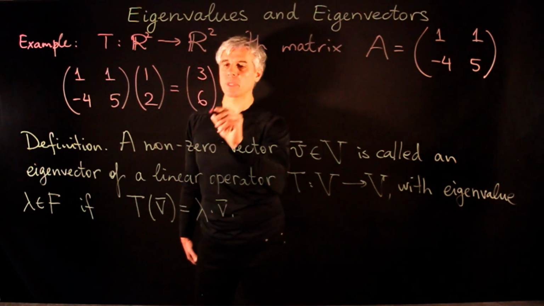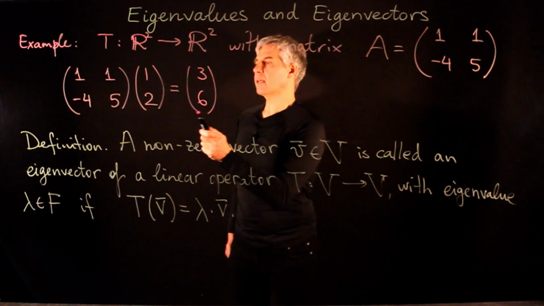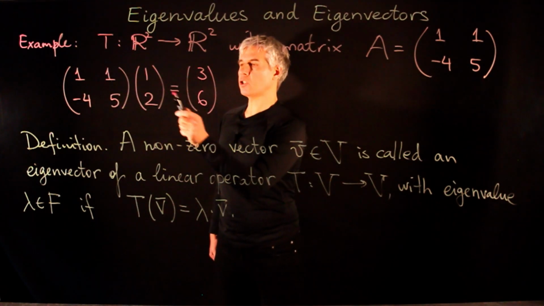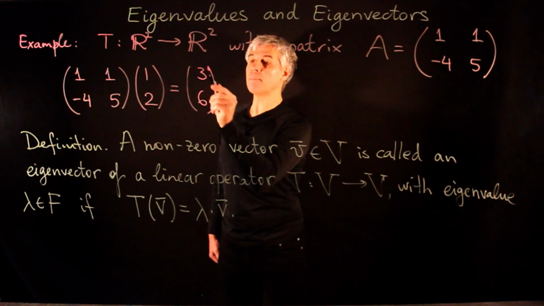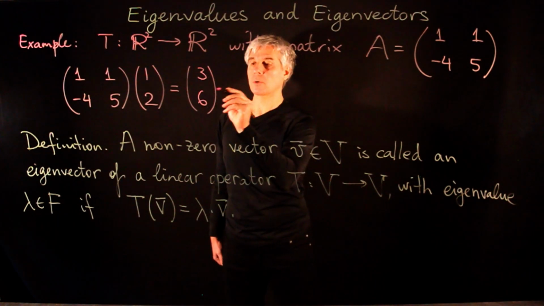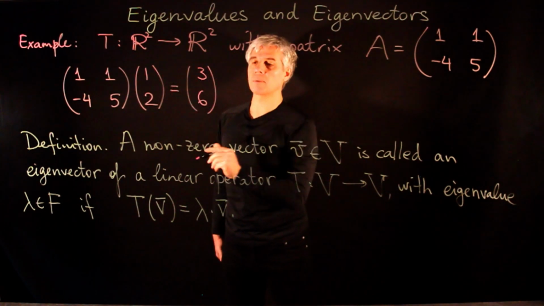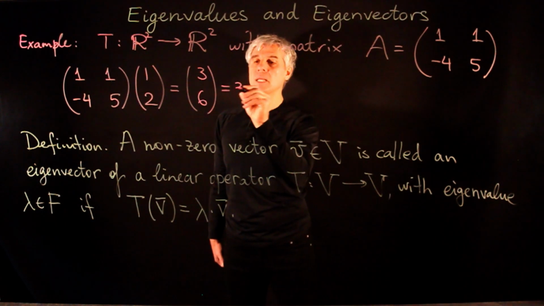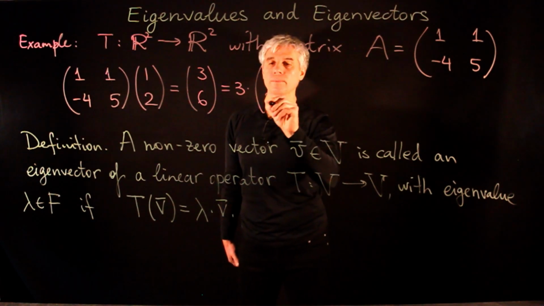this is 6. And what we see is that the image of 1, 2 is actually a multiple of 1, 2. So this vector is proportional to the input vector. This is 3 times the vector 1, 2.